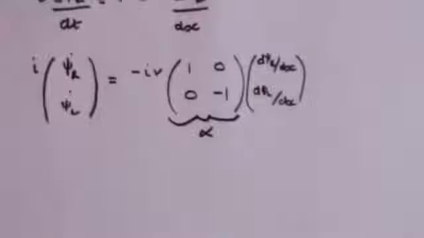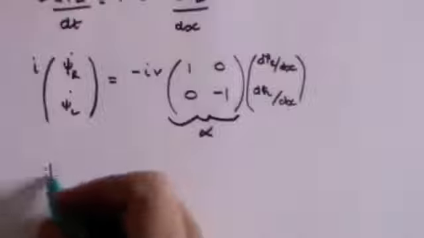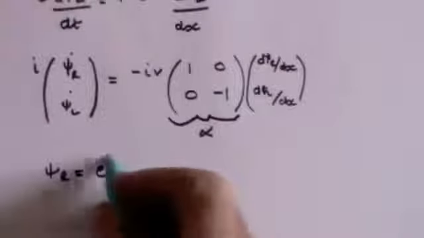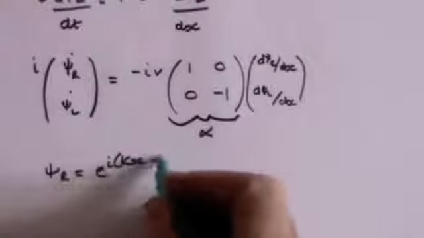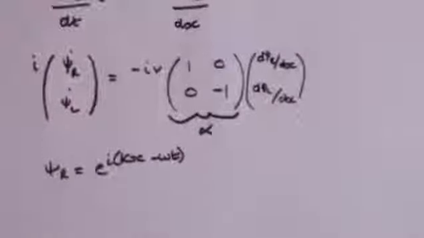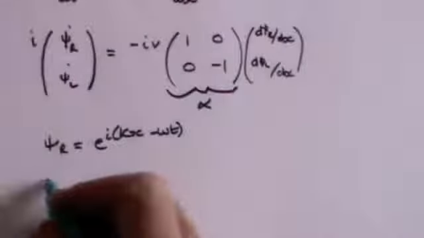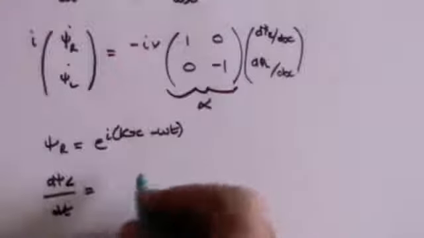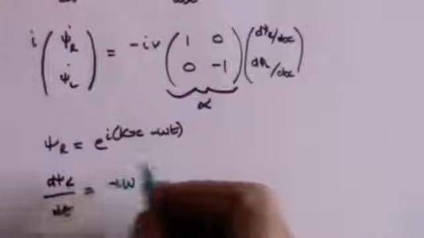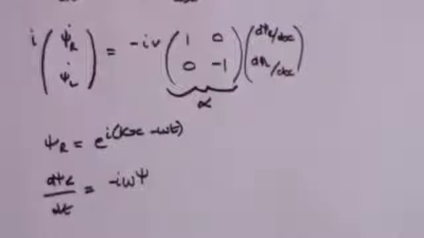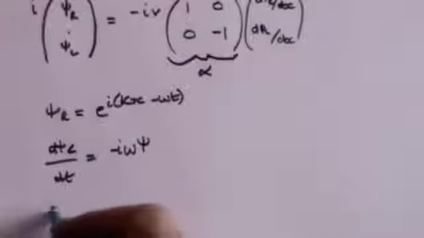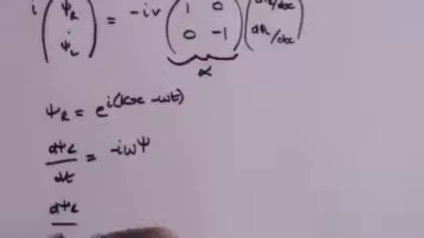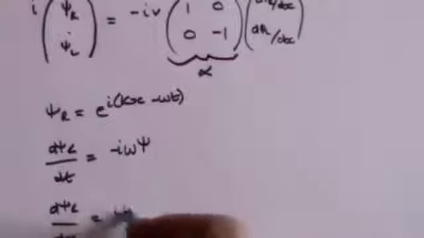Now I just want to do a little bit of reminder for you that psi right we said was e to the i kx minus omega t, which meant that d psi right by dt was equal to minus i omega psi, and d psi right by dx was equal to ik psi. We did that just a little while ago.